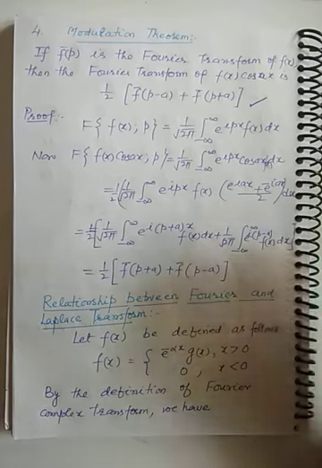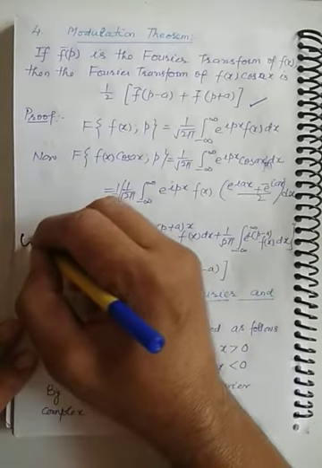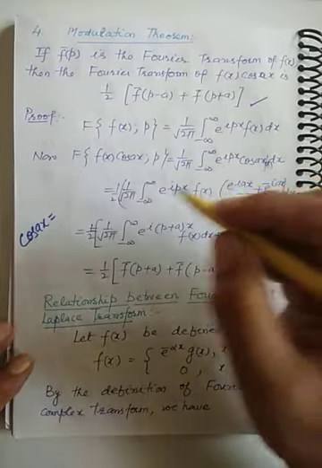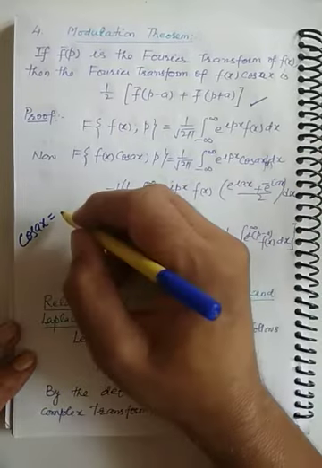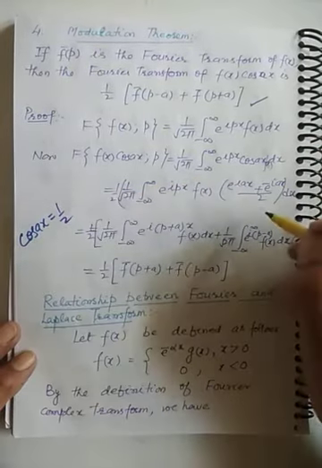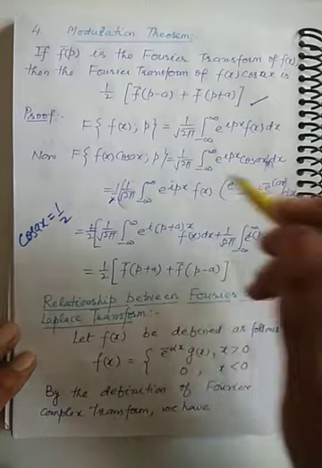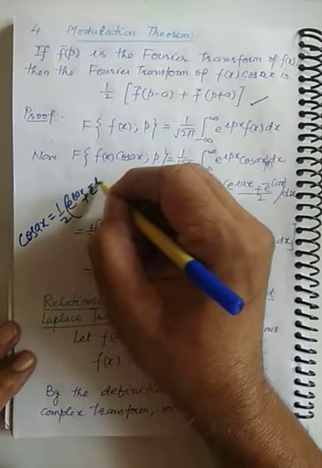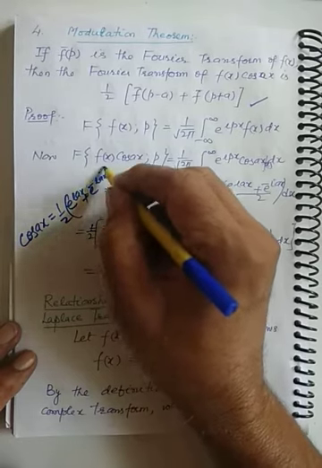This cos ax may be written as 1 by 2 times (e raised to power iota ax plus e raised to power minus iota ax).